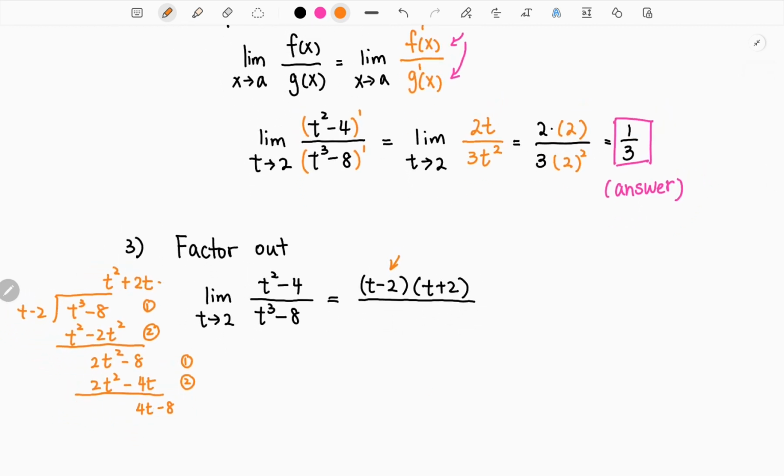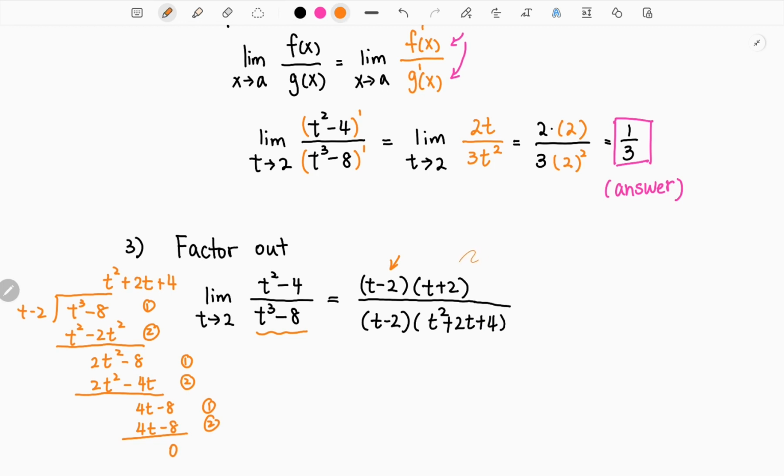Then we need to plus a 4 because 4 times t is 4t, and then 4 times negative 2 is minus 8. And then we use equation 1 minus 2, then we get 0, which means we have successfully finished this long division and factored this out. So that is going to be t minus 2 times t squared plus 2t plus 4.